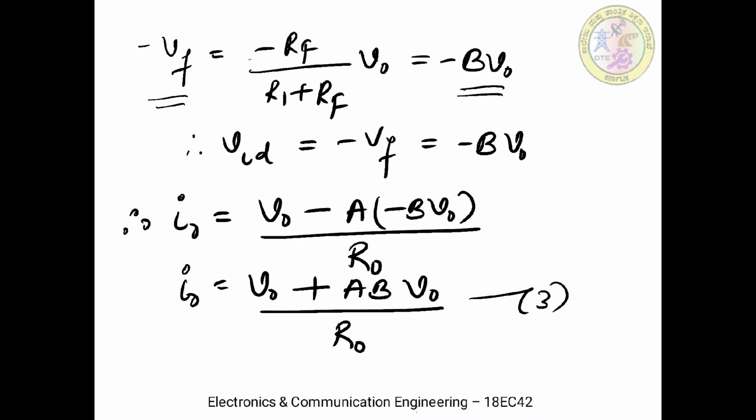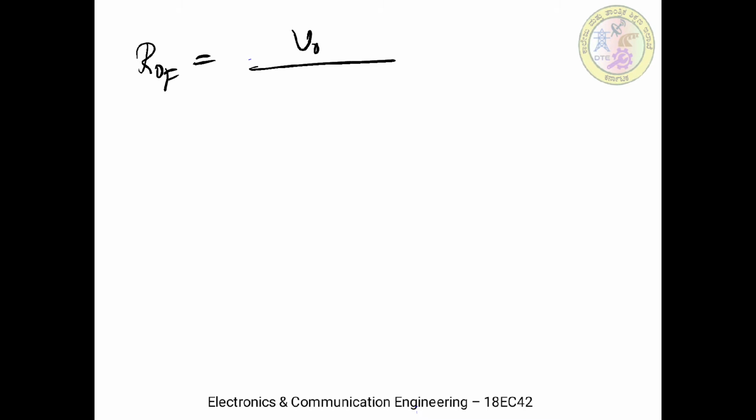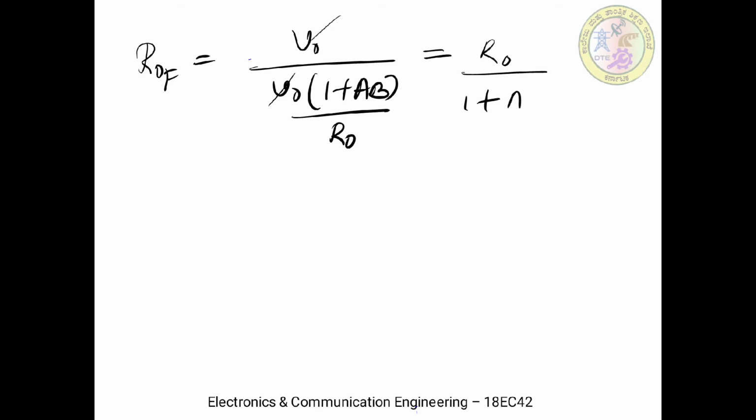Now this I0 we substitute in ROF. Therefore the final output resistance ROF will be equal to V0 divided by V0 into 1 plus AB by R0. The V0 in numerator and denominator cancels, giving R0 divided by 1 plus AB.